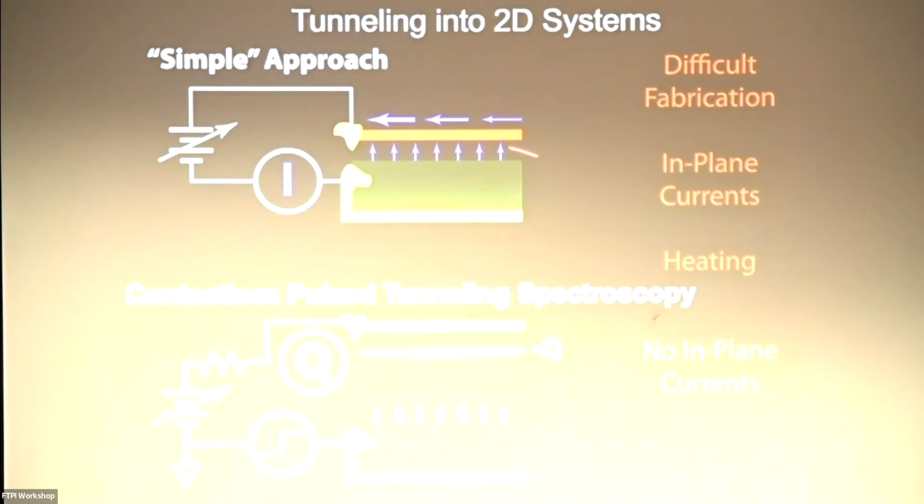The simple approach to tunneling might be to make a contact to a 3D metallic system and a 2D system, and then just apply a voltage and look at currents. In gallium arsenide, this actually isn't possible because you end up shorting out that tunnel barrier.